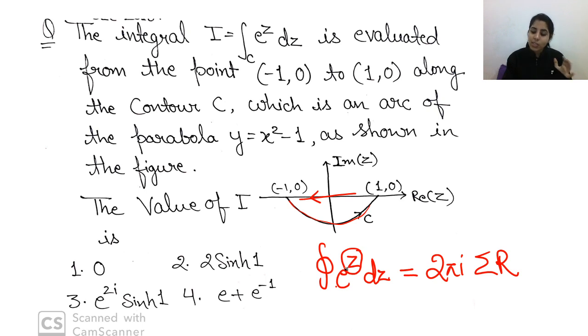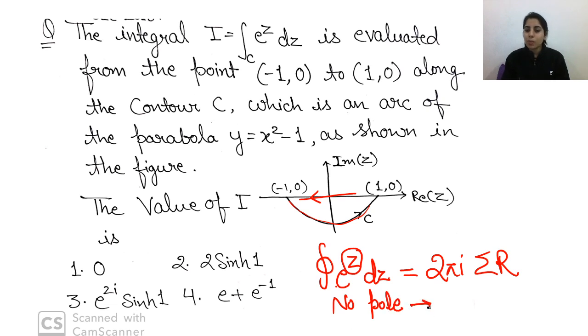I think no. It becomes infinity only when z is equal to infinity. Otherwise, there is no finite value of z which will make this function infinity. That means no pole.